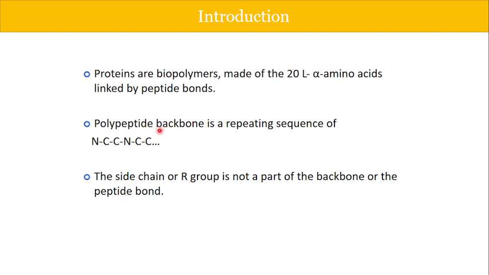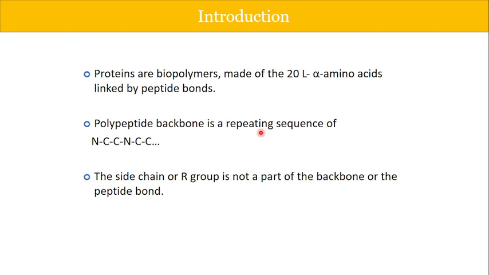This protein backbone is actually a polypeptide backbone, which is a repeating sequence of N, C, C. I will be coming to it. It is actually N, which is your amine group, after which you have your C alpha, then you have your carboxylic carbon, after which the sequence repeats.